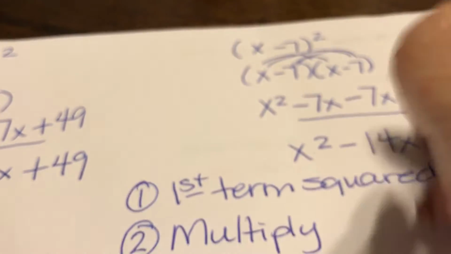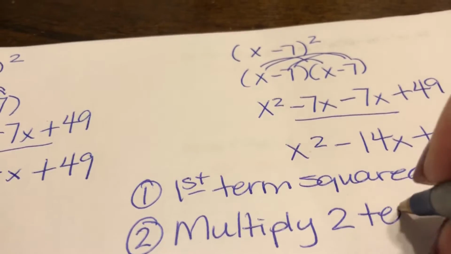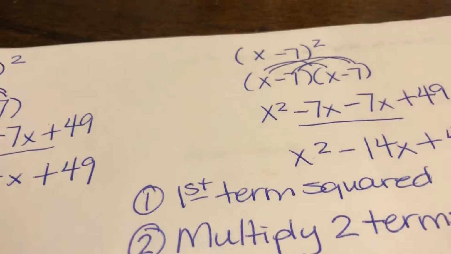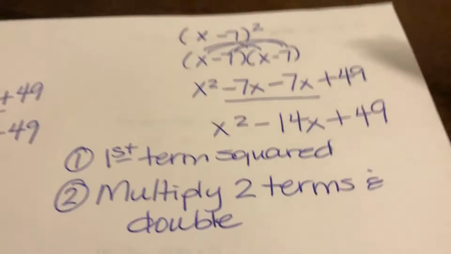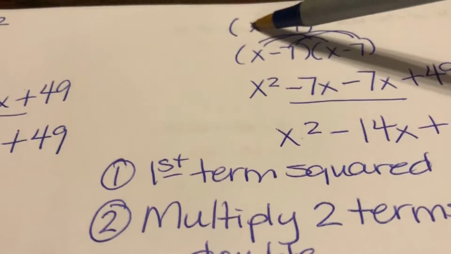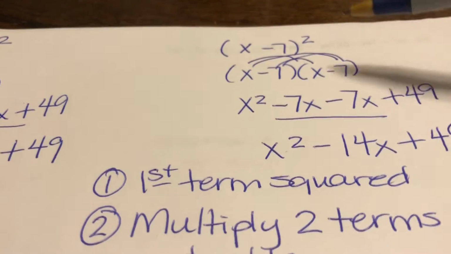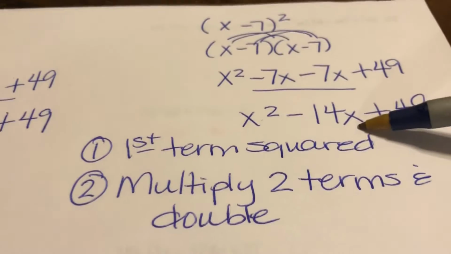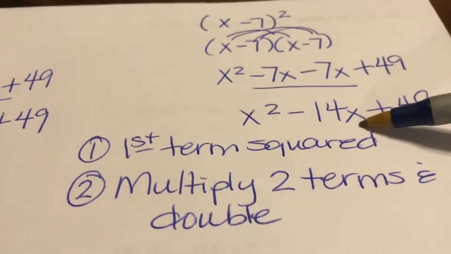Then in your answer, you're going to multiply the two terms and double it. So if we multiplied x times negative 7, that would give us negative 7x. But if we double it, that would give us negative 14x.